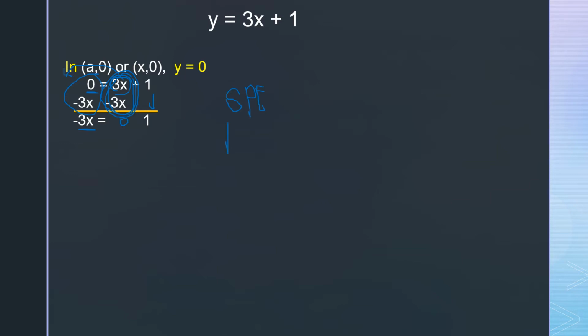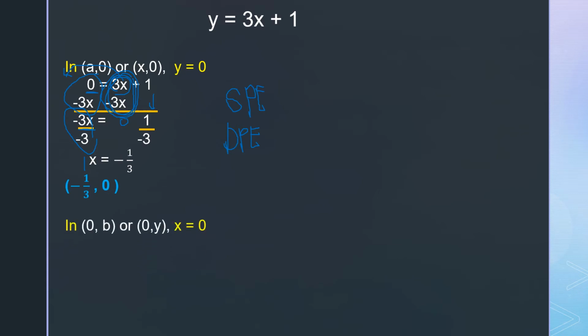Therefore, we can use the DPE. If you want the MPE, that's fine. So for the DPE, you divide both sides by negative 3. Negative 3 divided by negative 3 will give us positive 1. So that is positive 1x equals 1 divided by negative 3, which is negative 1/3. So the point is negative 1/3, 0.